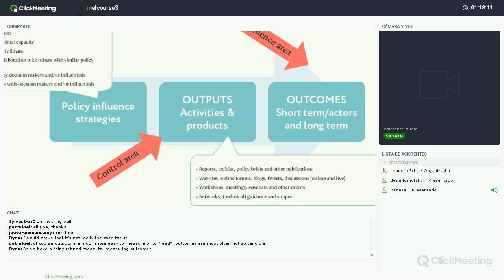And yes, to the point of Petra, when I'm talking about this tendency to focus more on outputs, this is to be expected. It's natural because this is the area that we control more, right?